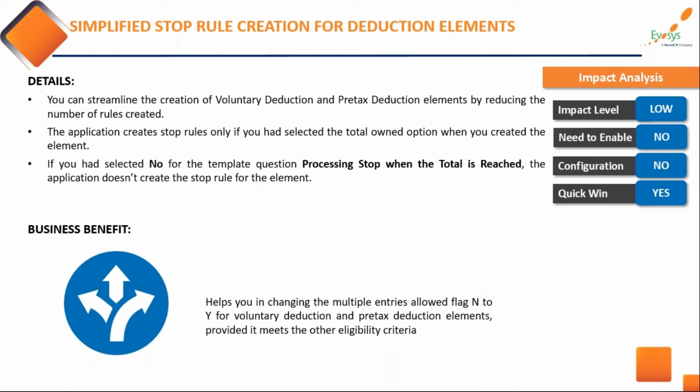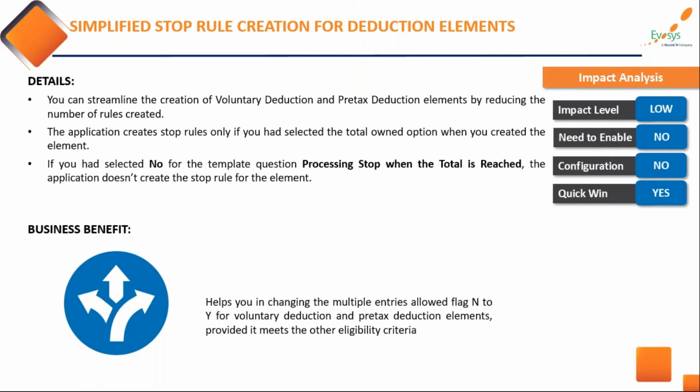What previously used to happen before 20D is that as soon as you were done with creating the deduction elements, and you had answered all the element creation questions and created the eligibilities of those particular elements, you were not able to change certain attributes of those elements.